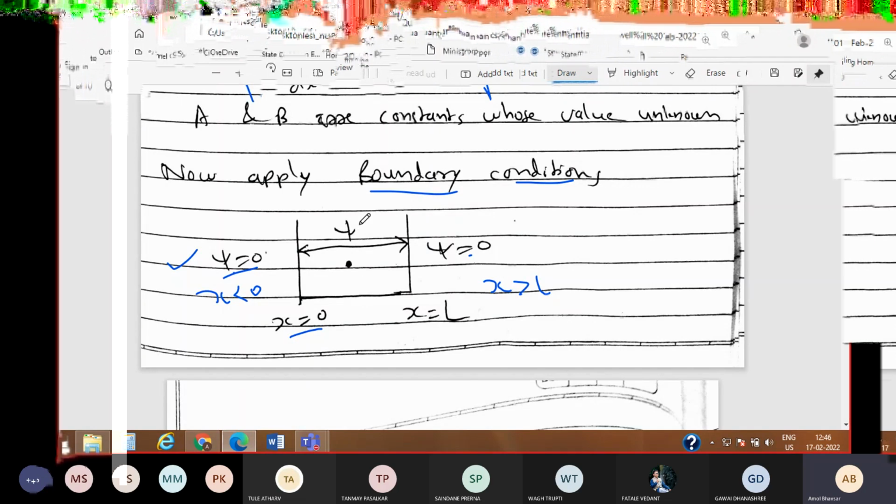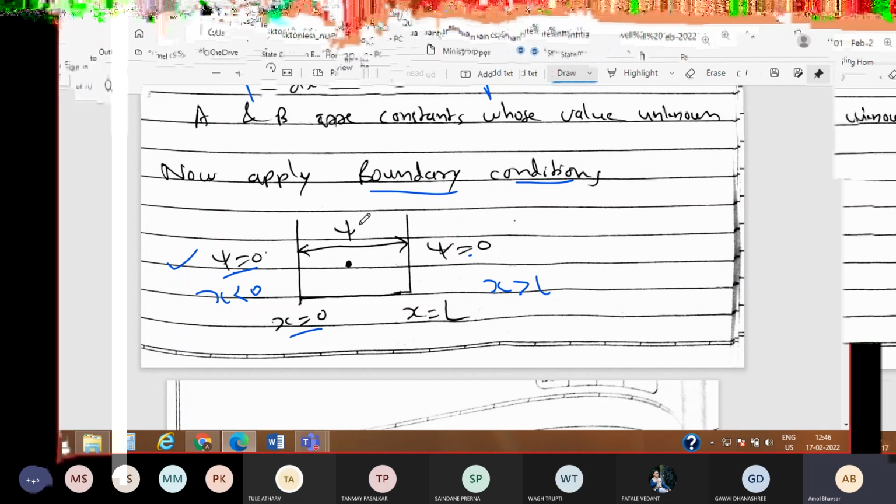So the final wave function in equation number 4A, put this value of A, square root of 2 upon L, in equation number 4A.